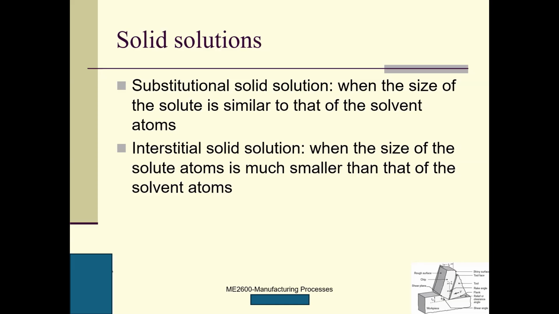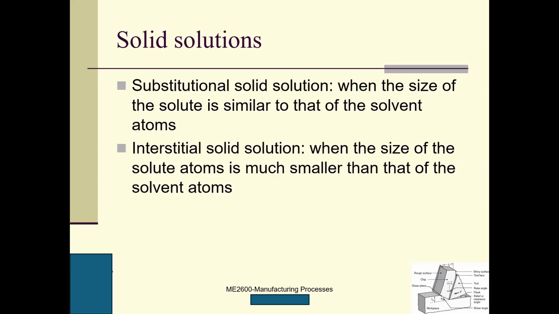The water will be called the solvent, right? And what do we call the sugar? The solute, right? After the solute dissolves completely, we call that combination of sugar and water a solution. The same thing here.